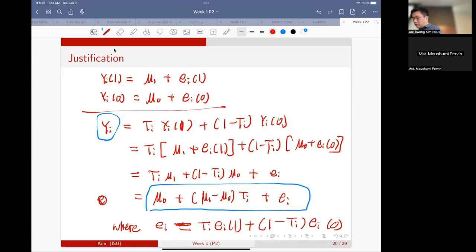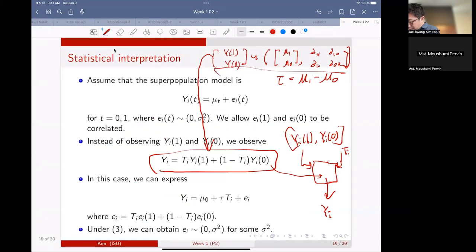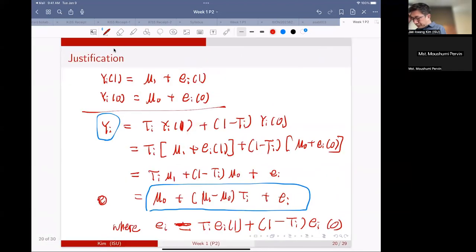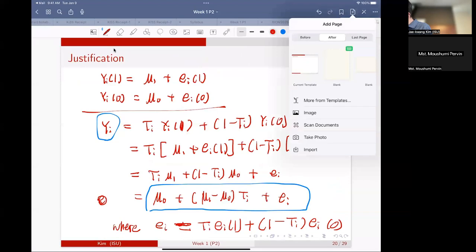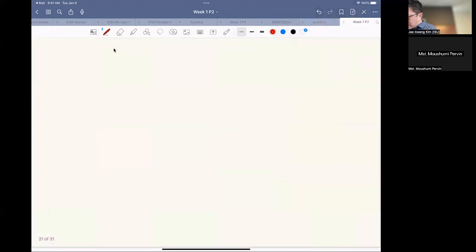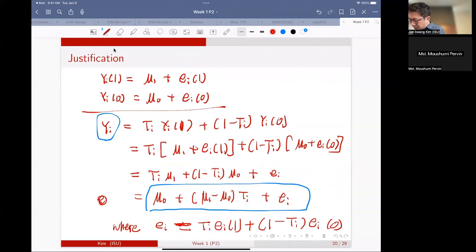But what we want to show is yi equals mu0 plus tau ti plus ei, where ei has mean 0 and variance sigma square, for some sigma square. So we are almost there, but I don't have space, so I need to add one more space on my page.